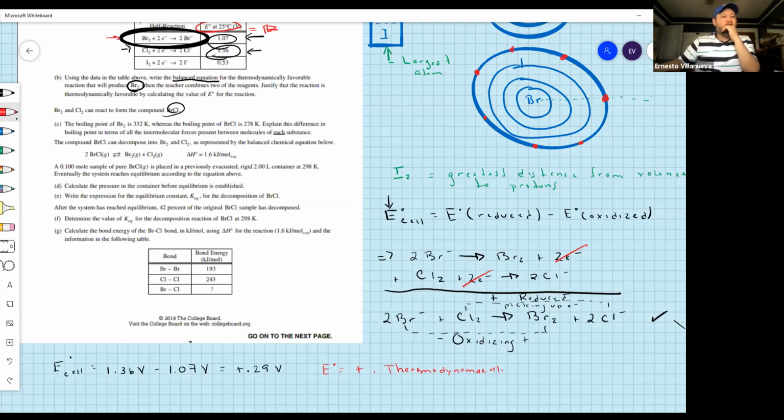Thermodynamically favorable. If it was negative, it would be unfavorable. I'm not going to write that huge word again. Does that make sense? Kind of.